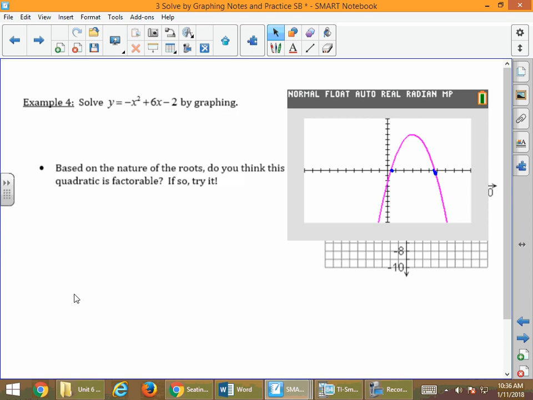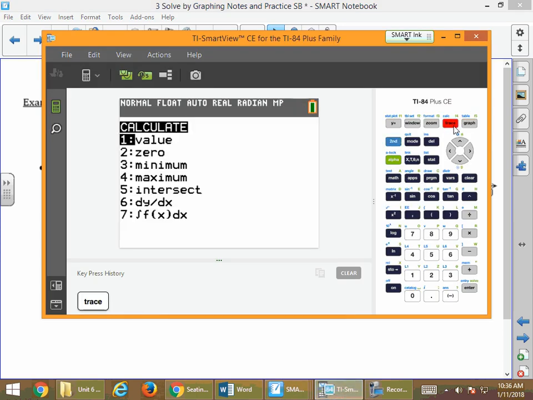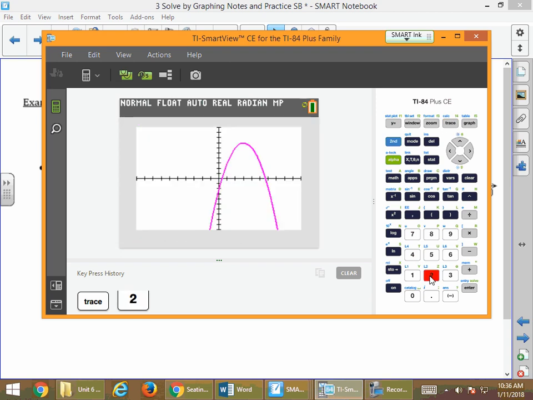So this is where we're going to use second trace. That gets us to the calculate button. Second trace. Number 2, the 0. And I'm in a good spot. That value right there where it happened to show up, and I don't know if it showed up on your screen or not, but it's to the left of our first blue point.